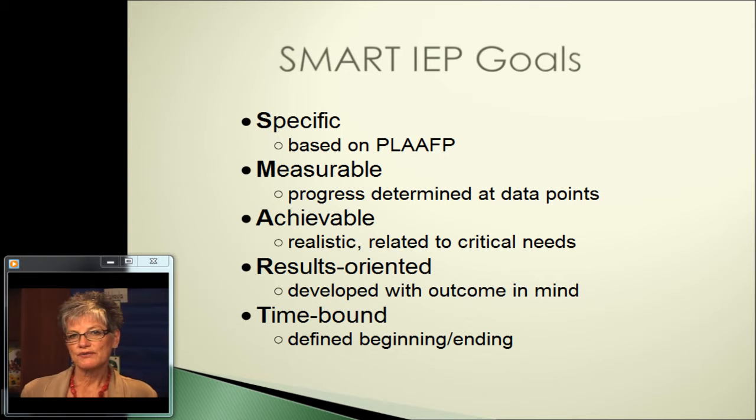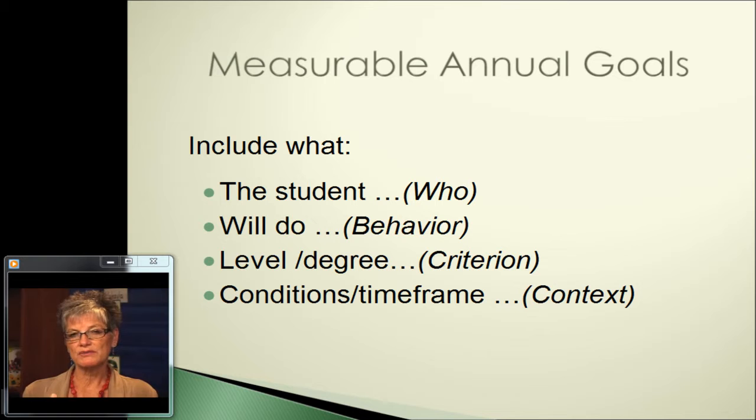Some of you might prefer a little bit different way of looking at measurable goals. Maybe you're more familiar with this second way because this is what is often taught on the criteria of a good, solid, measurable goal. This is what we learn in college a lot of times.